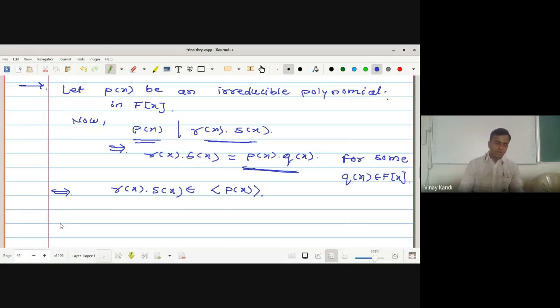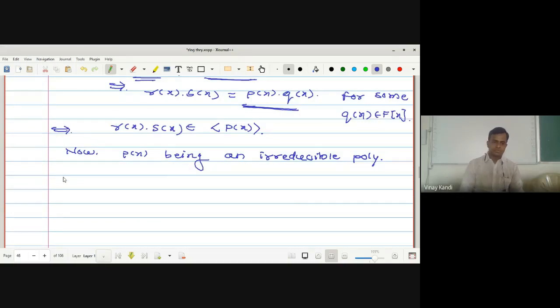Okay, but what is given to us that p of x is an irreducible polynomial. And ideal, we know that ideal generated by any irreducible polynomial is maximal ideal. Now, p of x being an irreducible polynomial, what it implies?